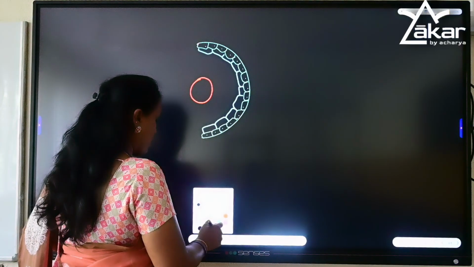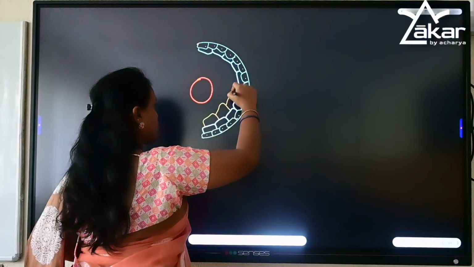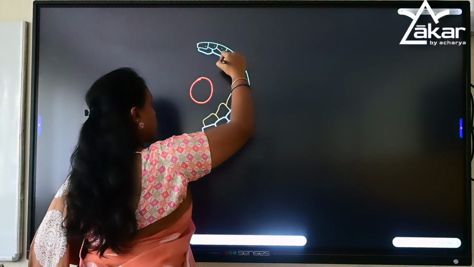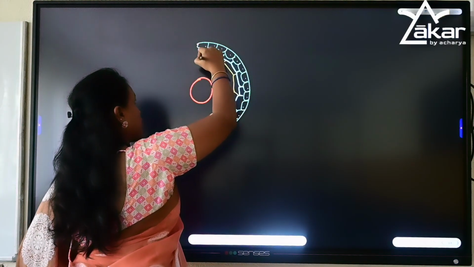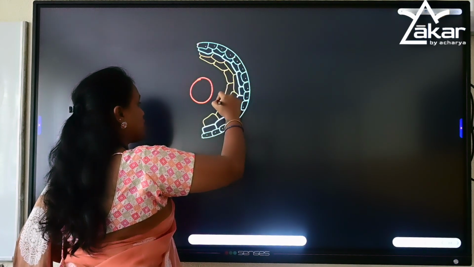Then comes the middle layer, whose function is also dehiscence.